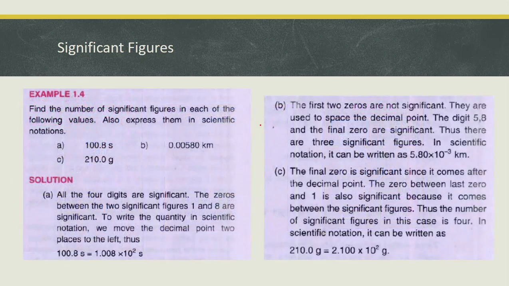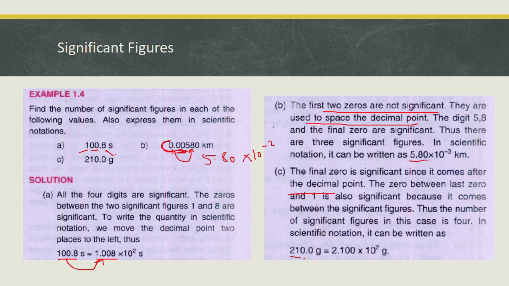That is why we can say that this zero is also significant because it is after a decimal point. So when we write it in scientific notation, we move this point to after 2. So it will be 2.100 times 10 raised to power 3. So it has 4 significant figures.